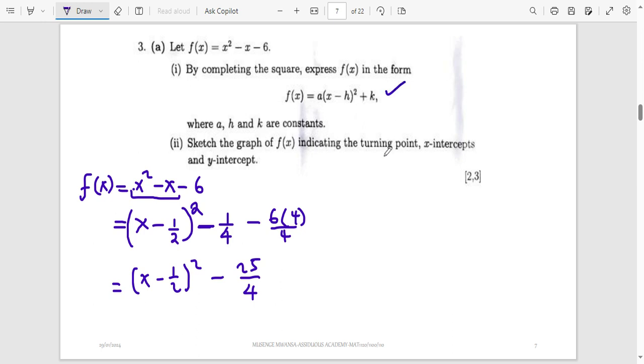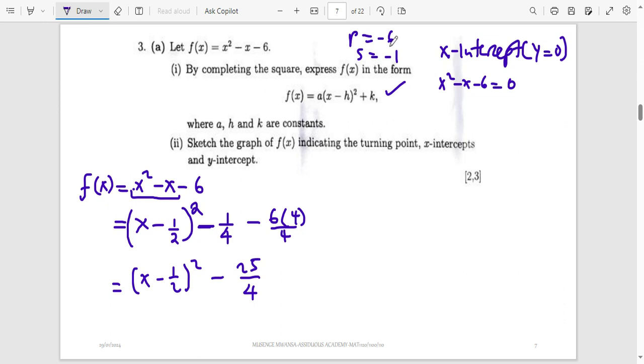Sketch the graph indicating the turning point and x-intercepts. To be able to do that, I need to first find at least my intercepts. So x-intercepts, where the graph is cutting the x-axis, happen when y is equal to 0. So come to this equation, x squared minus x minus 6 equated to 0. The product here is negative 6. The sum is negative 1.